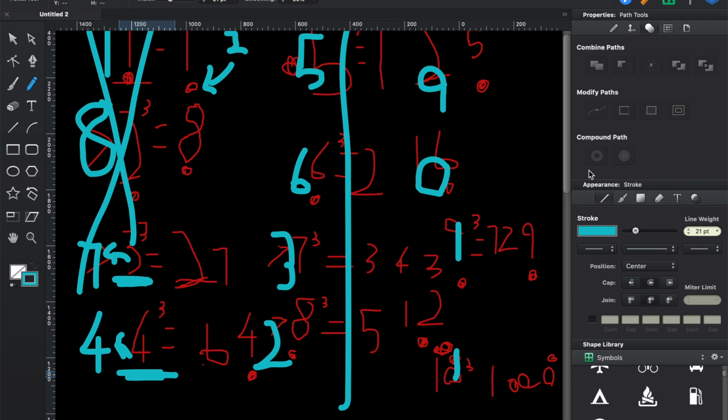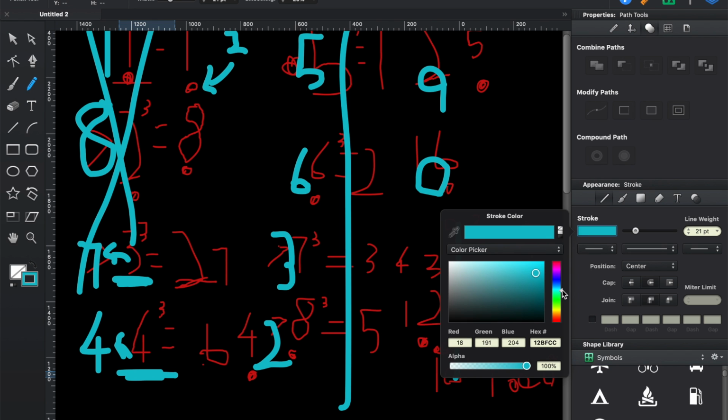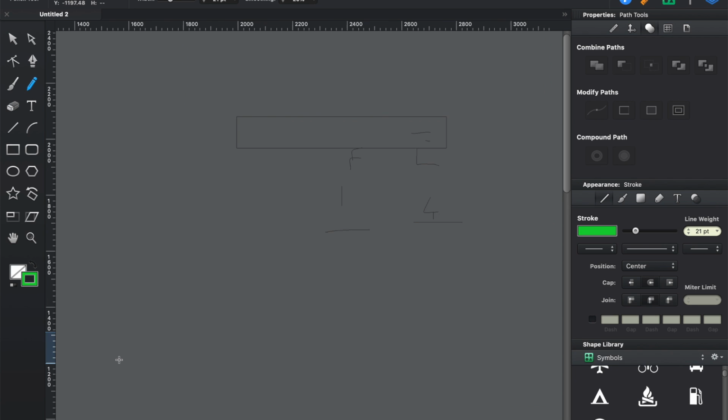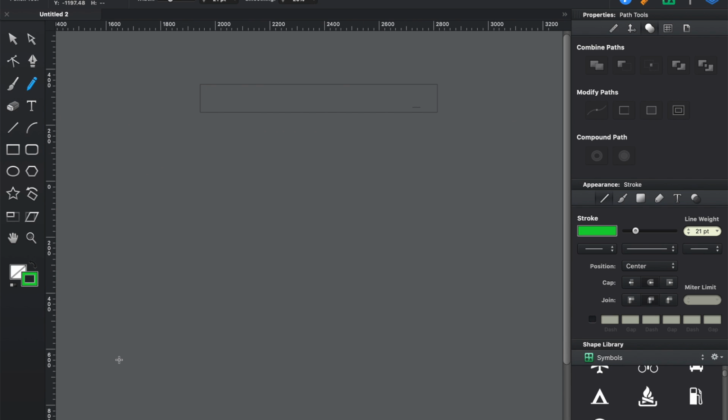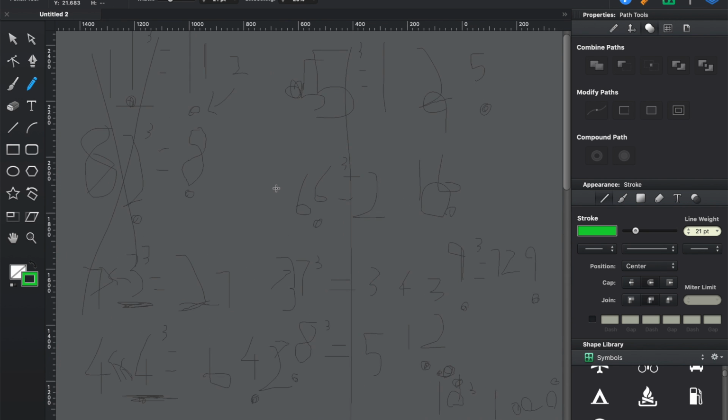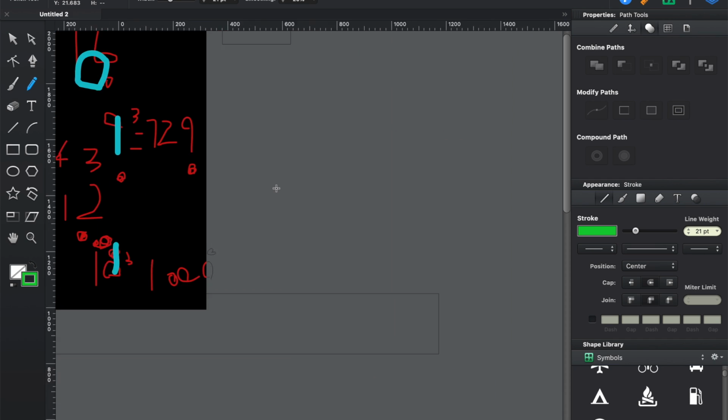So I can shade it in with another color. The last digit is 4, right? So again, the answer is 4. So I don't have to write that down, but I'll just put 2 lines. 4.